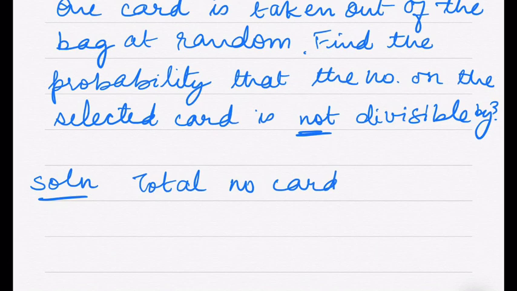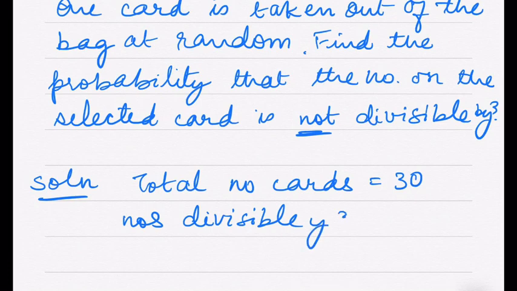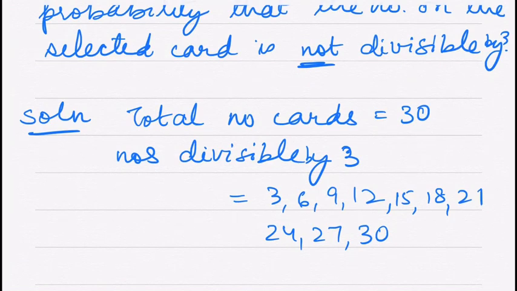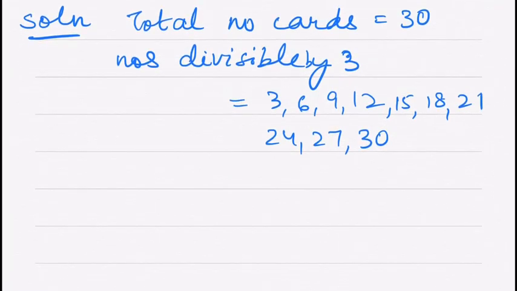Okay, so now my solution. Total number of cards, or total number of outcomes, is equal to 30 because cards 1 and 30 are also there. Now, numbers divisible by 3 will be 3, 6, 9, 12, up to 24, then 27 and 30. Even 30 will be included, correct? But in our question we need numbers not divisible by 3.